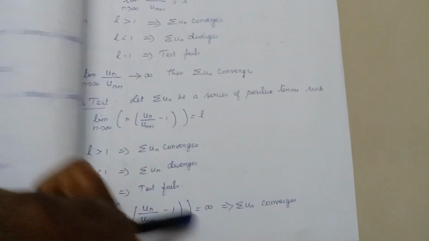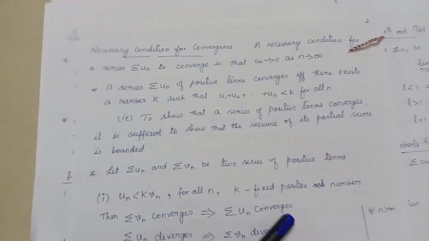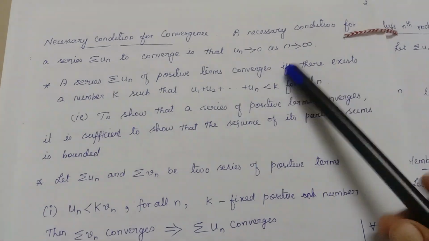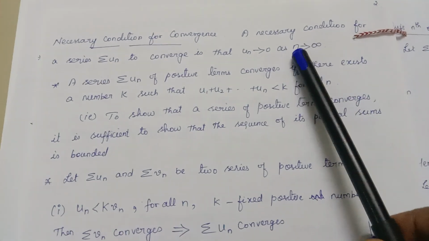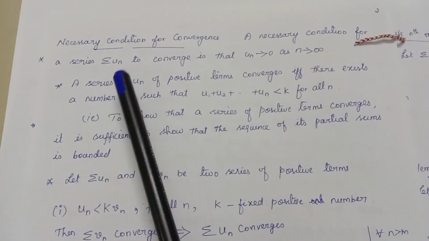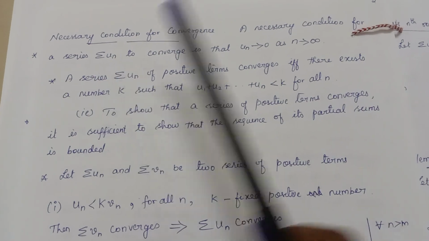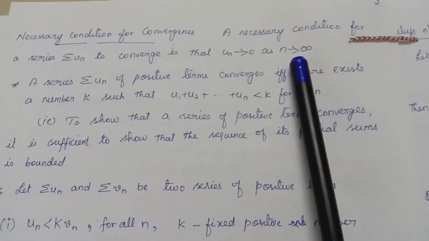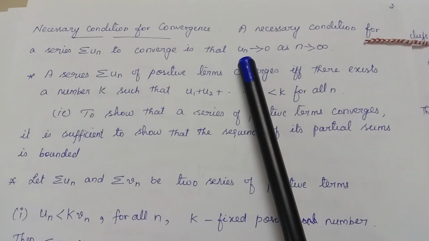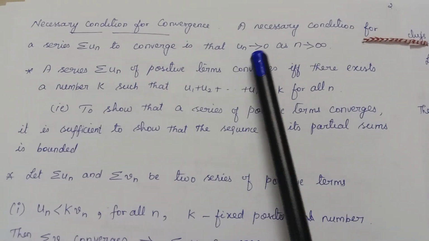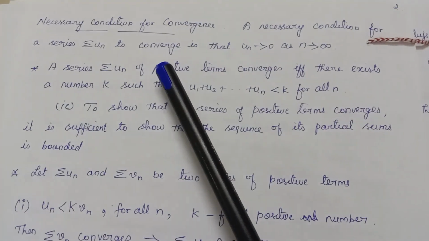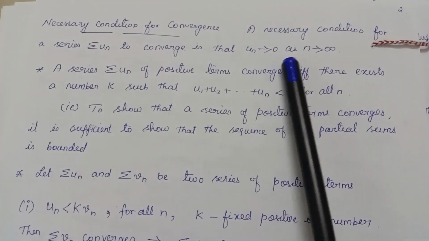Then I have a necessary condition for convergence of an infinite series. Only a necessary condition, not a sufficient one. A necessary condition for a series sigma un to converge is that un tends to 0 as n tends to infinity. That is, the nth term tends to 0.